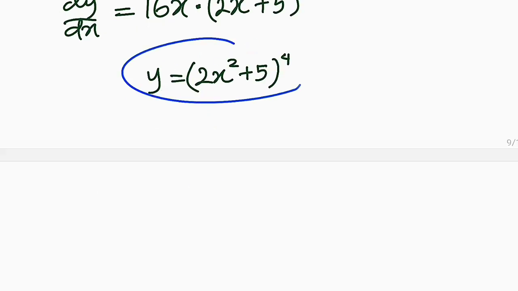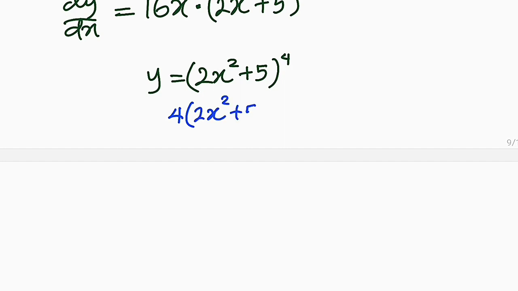So if you have y equal to this and you wish to differentiate it, just take this power, drop it down. We have 4. Repeat this one, (2x squared plus 5) to the power of 4 minus 1 is 3. Then you multiply by the derivative of what is inside. If you differentiate this one, 2 will drop down to multiply 2.